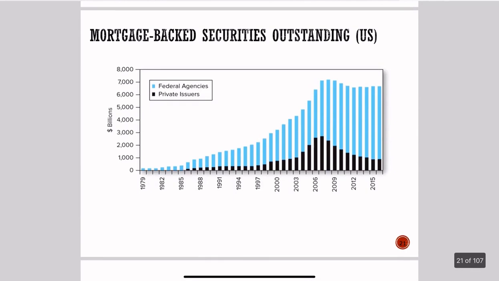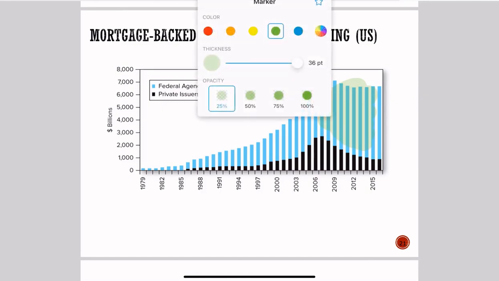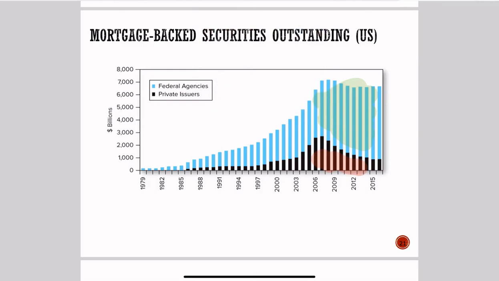And here you can see this time series of changes in mortgage-backed securities in the US. You can see that this portion is guaranteed by federal agencies. But this portion is by private issuers.